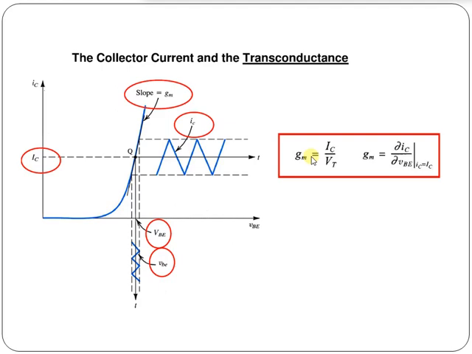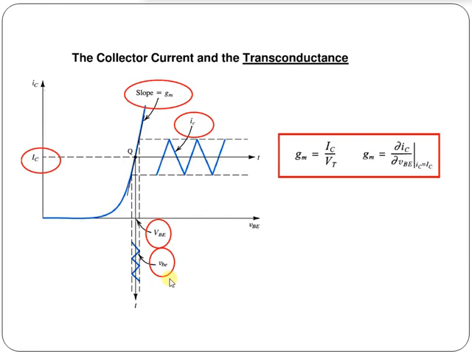So increasing the signal amplitude, IC will have components which are non-linearly related to VBE. If this VBE is less than the threshold value, then the transistor behaves as a voltage-controlled current source. The input port of this controlled source will be the base and the emitter, whereas the output port will be the collector and the emitter.